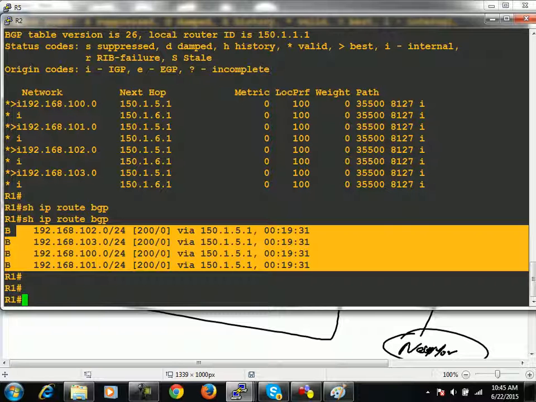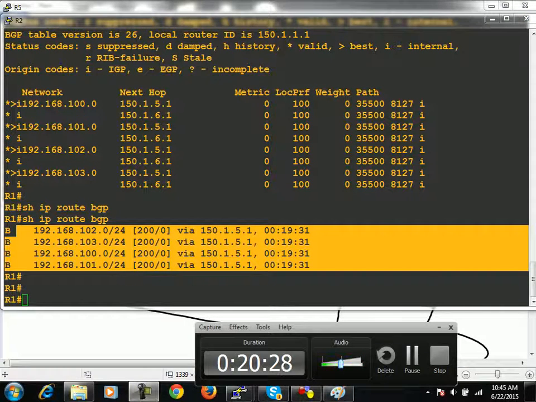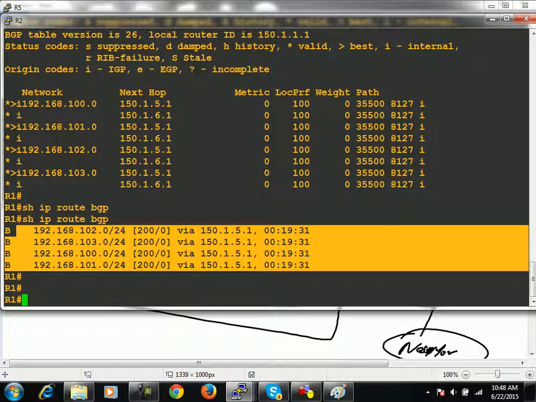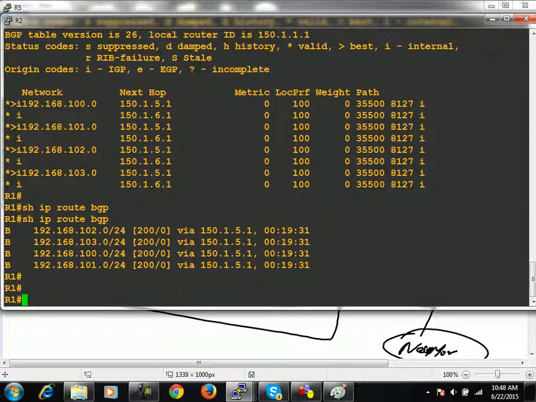Now, in terms of R1, I will teach you how to perform path manipulation in BGP. I will start from scratch, from the next hop address configuration first of all, and then I'll go for some other configuration. For R1, its best path is via R5.